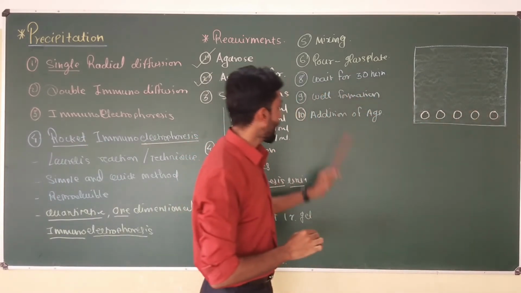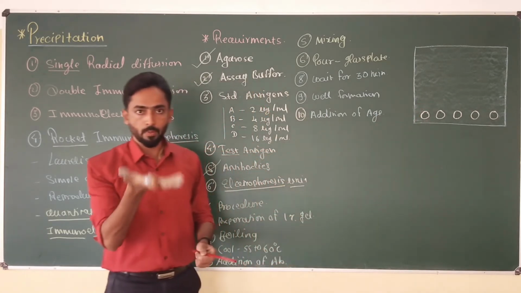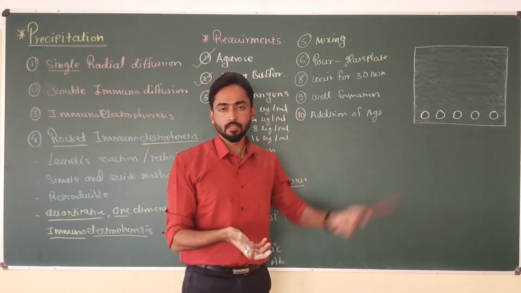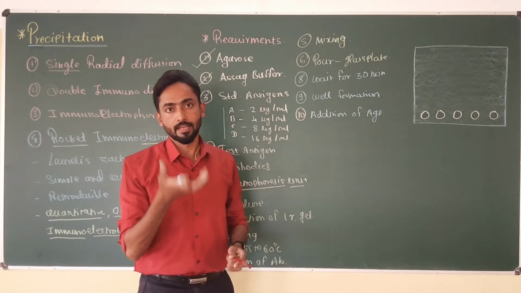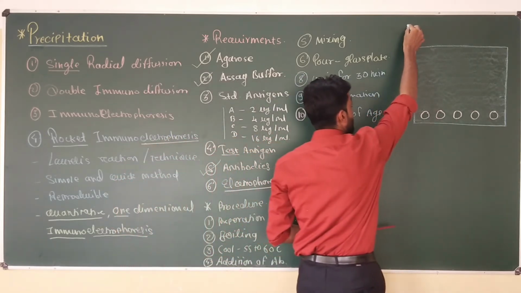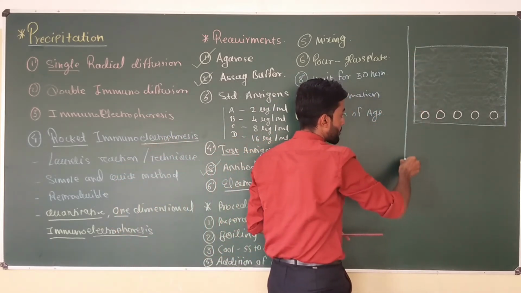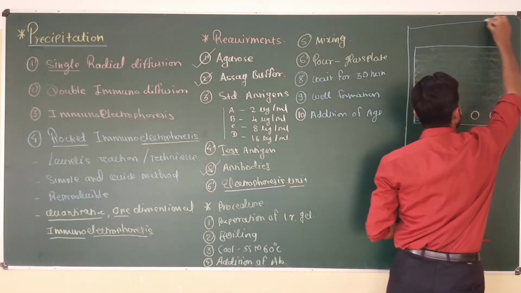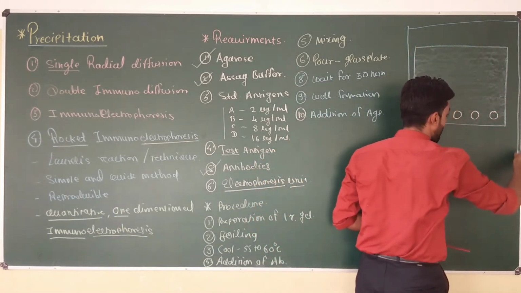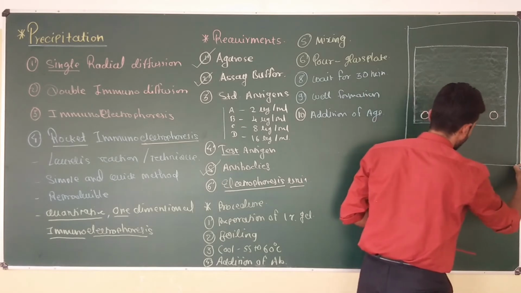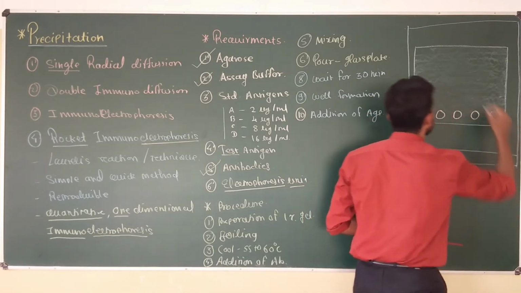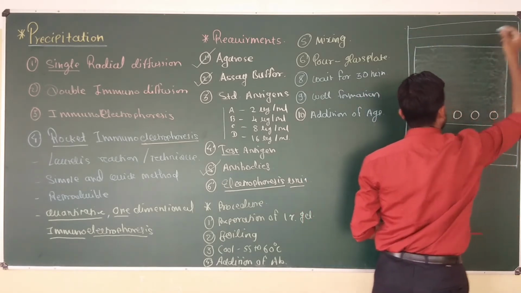We are going to add these 5 antigens sequentially. Before addition of the antigen, you have to place this plate in the electrophoresis tank. Suppose this is the electrophoresis tank, and this tank has 2 ends.